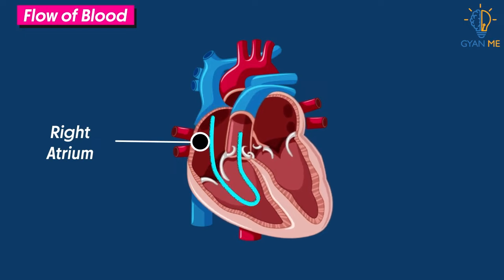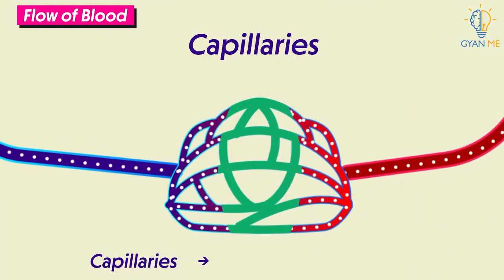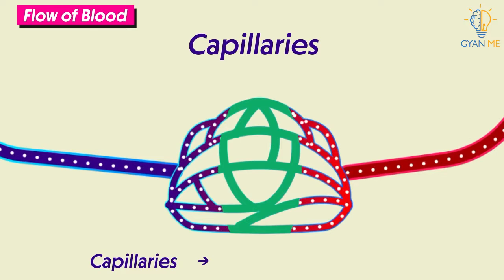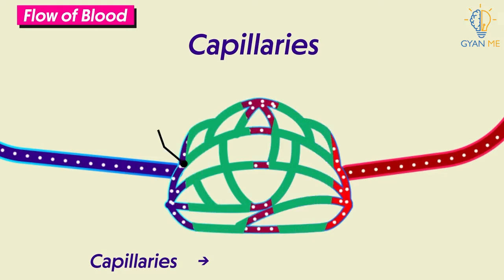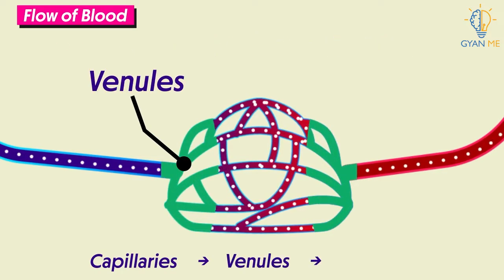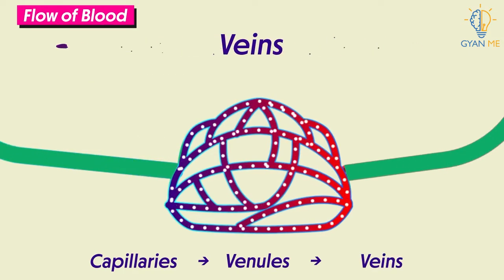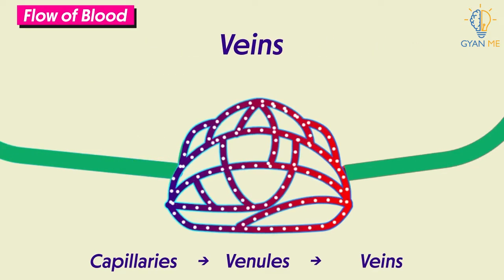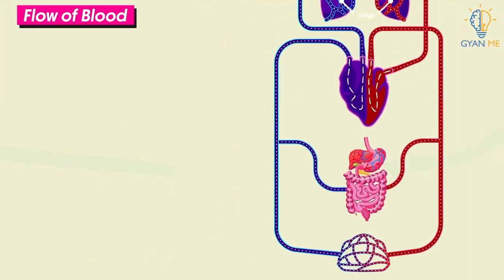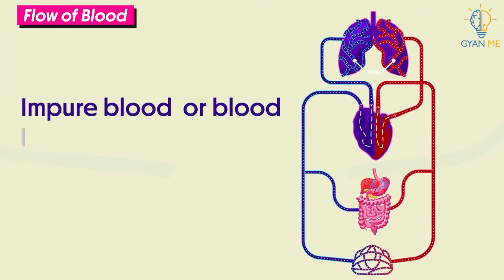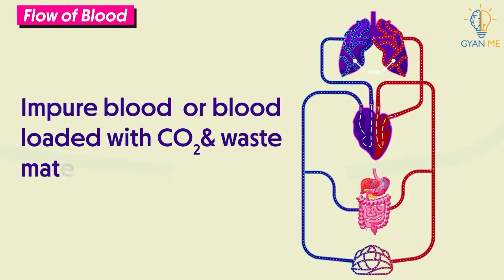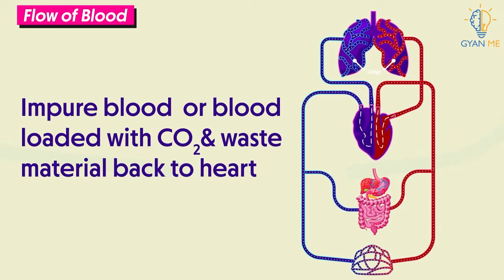How? Let us see. The capillaries in the tissues merge into another set of blood vessels called venules, which in turn unite to form veins. Veins are the blood vessels that carry impure blood, or blood loaded with CO2 and waste materials, back to the heart.